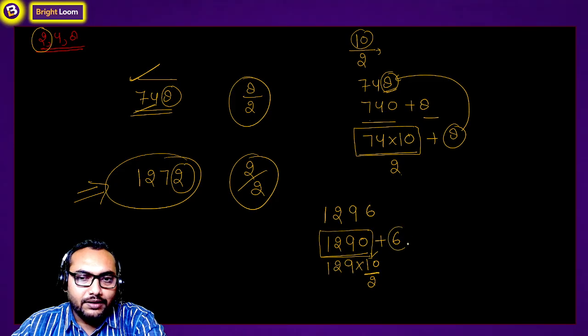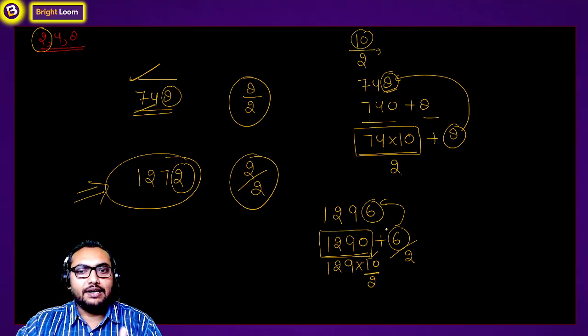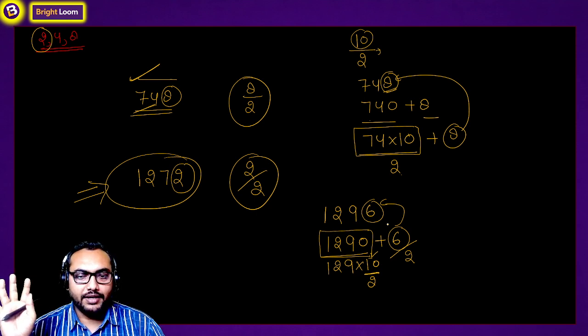Now we are left with only 6, so we just need to check whether 6 is completely divisible by 2 or not. And 6 is again the last digit of the number. That is the concept, and that is why we check only the last digit. I hope you got it.